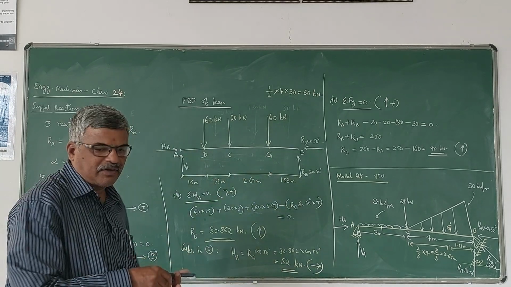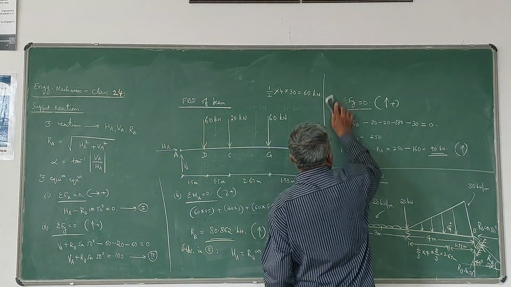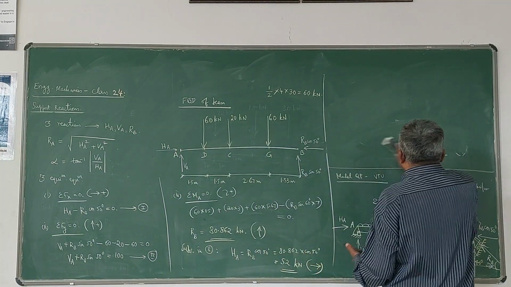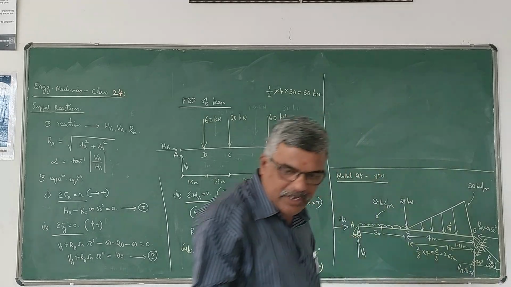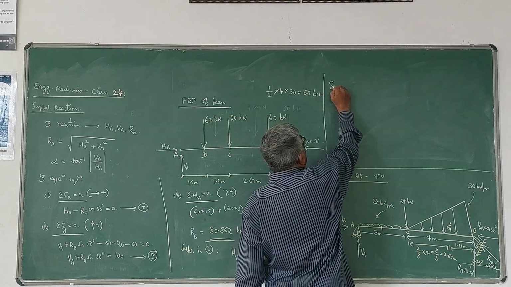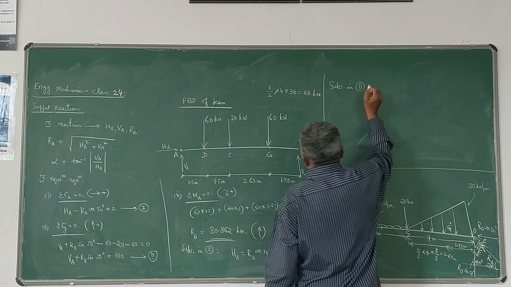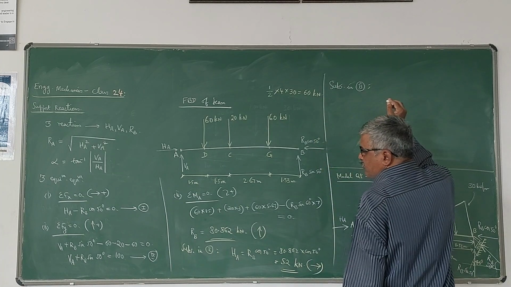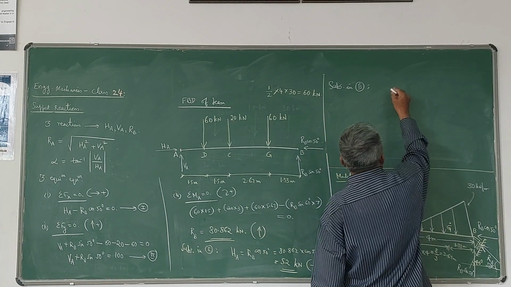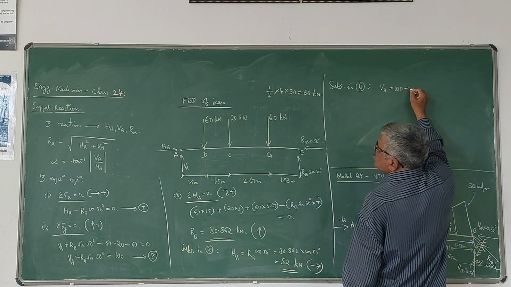Then substituting the value of RB in the second equation, you will get the value of VA. So substituting in 2, VA is equal to 100 minus RB sin 50.